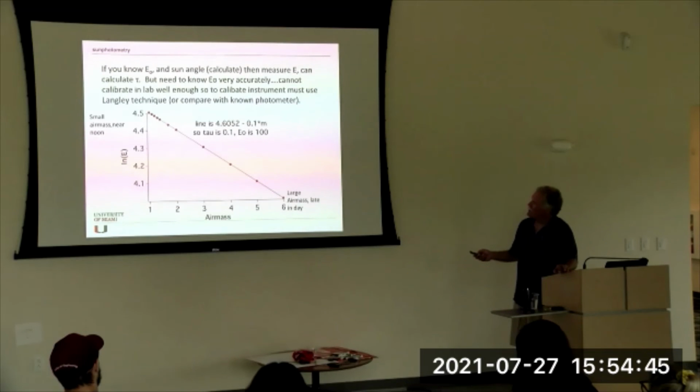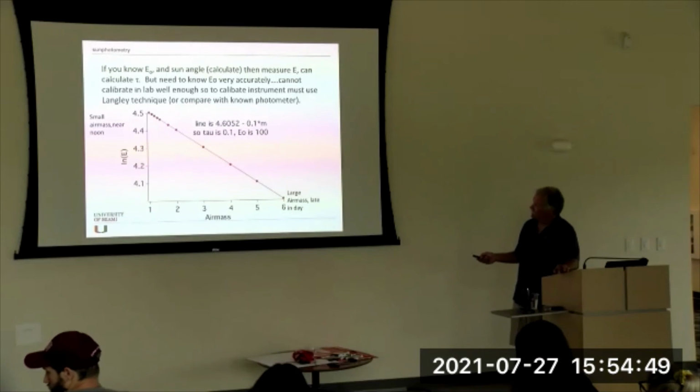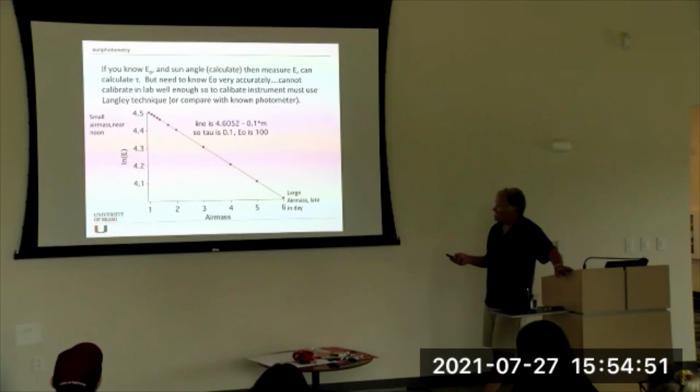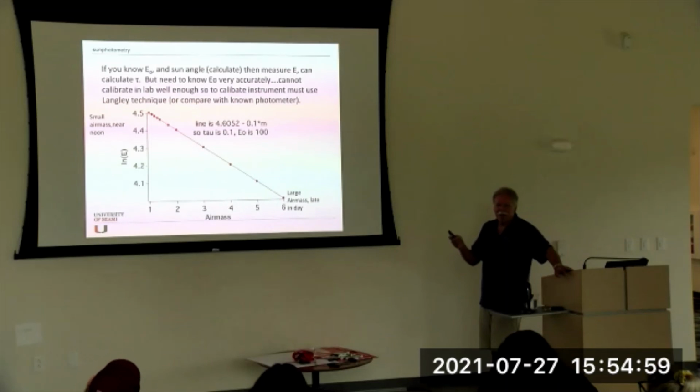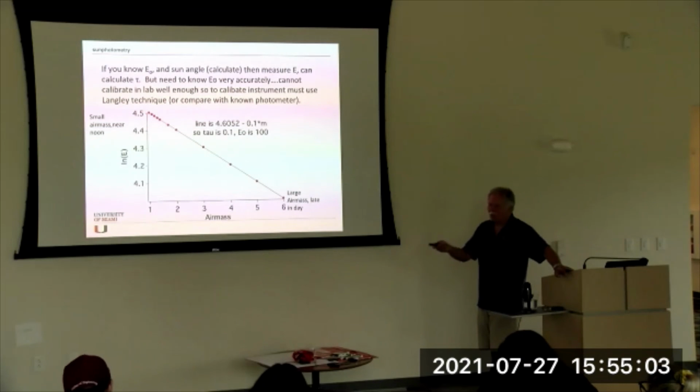The reason you do it this way instead of in the lab is you can't really do it in the lab accurately enough. So you do it this way. It's best to do it in the morning as the sun's rising, but you have to start when the sun's very low on the horizon. If you ever watch as the sun comes up, you'll notice that early in the day it looks like the sky is completely clear.